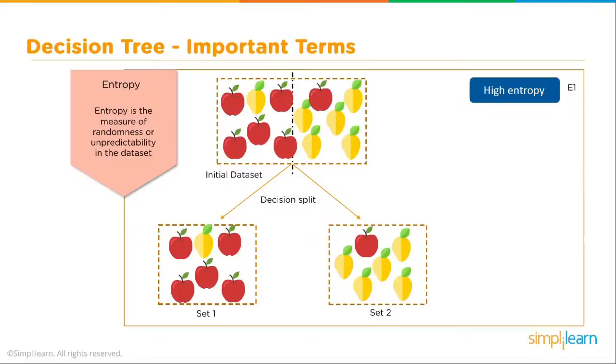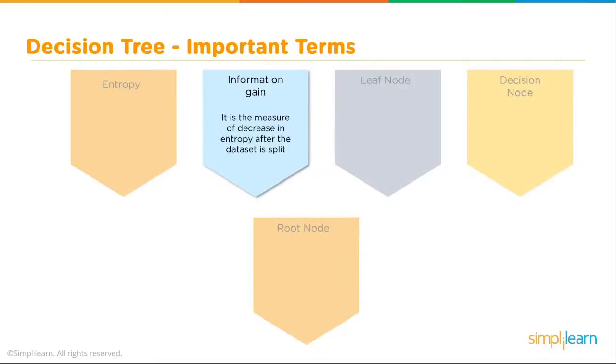And if you look at these new data sets, after splitting them, the entropy of each of those sets is much less. So for the first one, whatever comes in there, it's going to sort that data and say, okay, if this data goes this direction, it's probably an apple. And if it goes into the other direction, it's probably a lemon. So that brings us to information gain. It is the measure of decrease in the entropy after the data set is split.